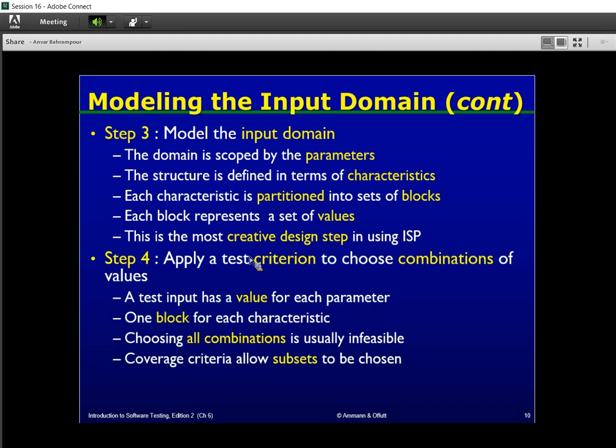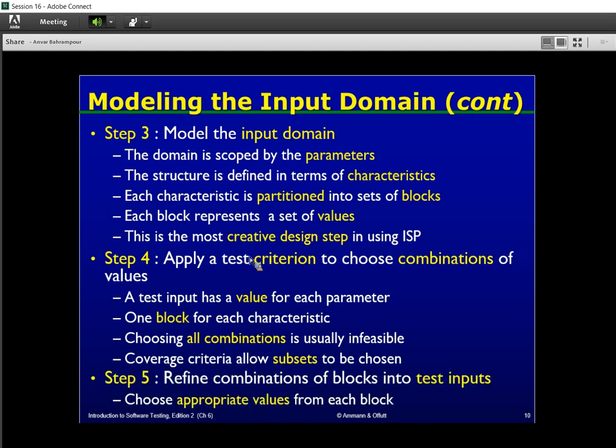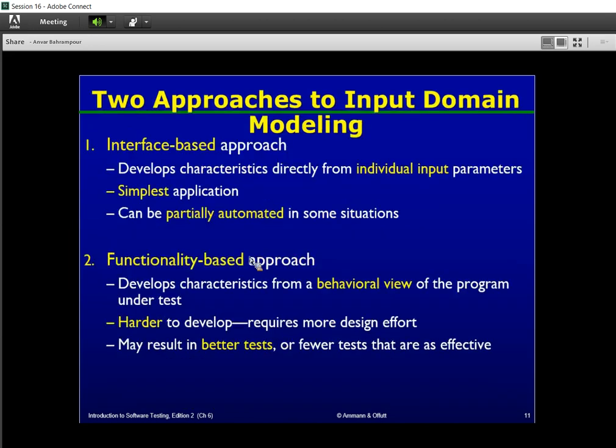In step 4, which I'll talk about in the next session, we select one coverage criterion to apply these techniques to design our test cases. And finally, we could refine the combinations of blocks to design the final test cases.